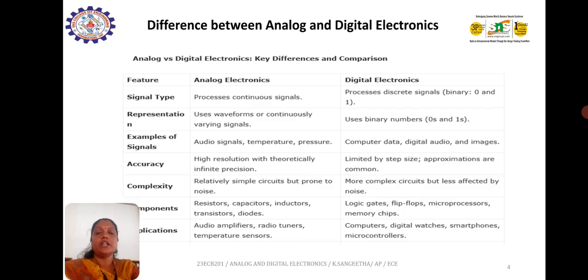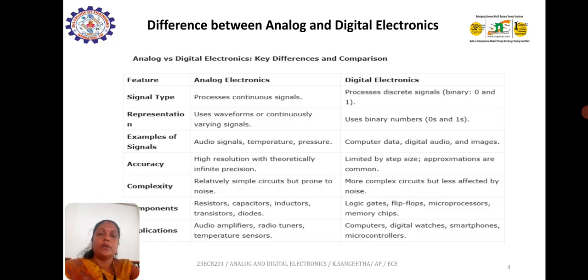For representation, analog uses waveforms like sine wave, square wave, triangle, and digital electronics uses numbers, zeros and ones, so it is called binary numbers. Example signals for analog electronics are audio signal, temperature, pressure, and for digital electronics, computer, digital audio, computer data.